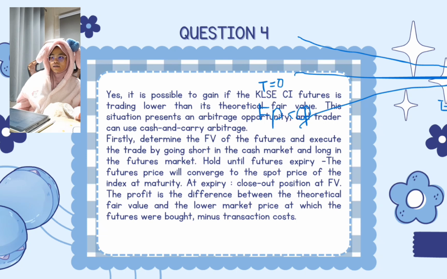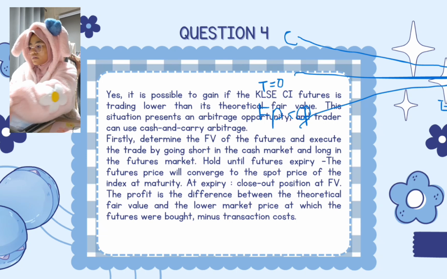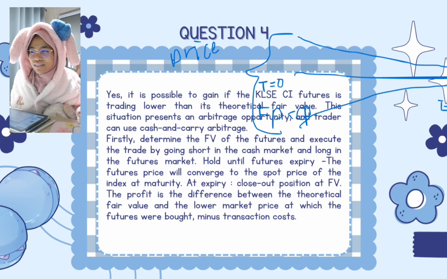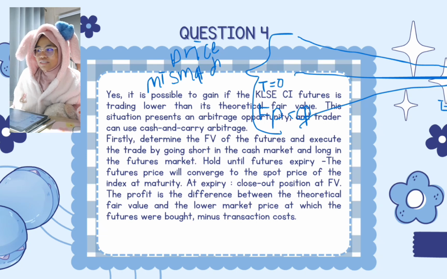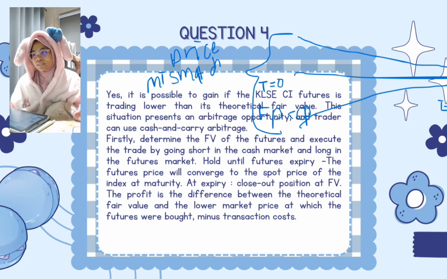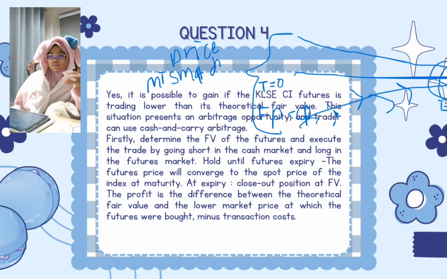So this is the price mismatch. The market will correct itself at T+1, which is going to cause the futures price to rise, and it will converge with the fair value. Basically, that's it.